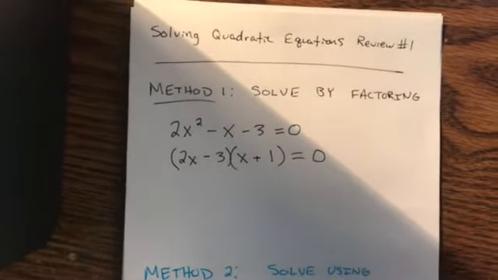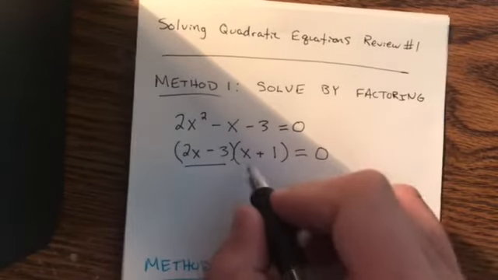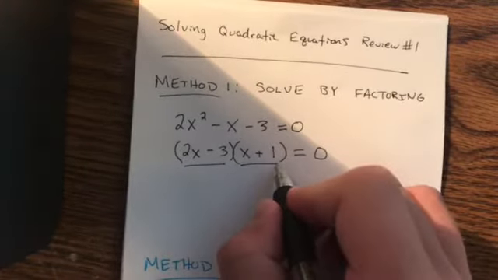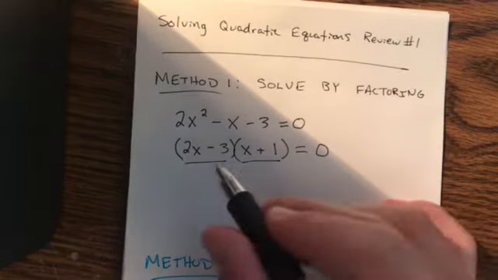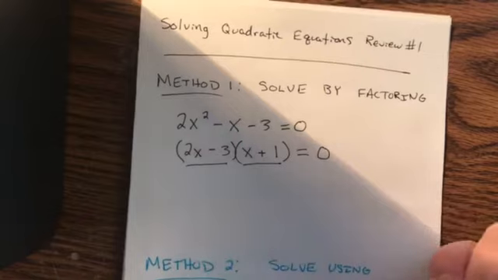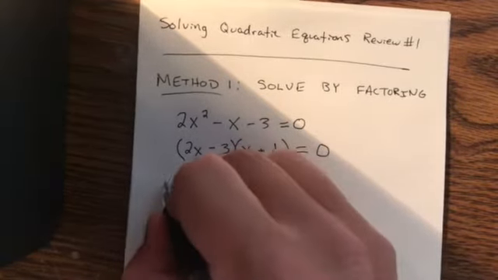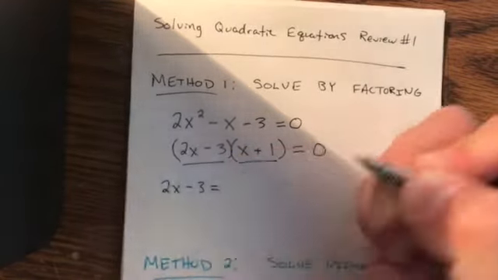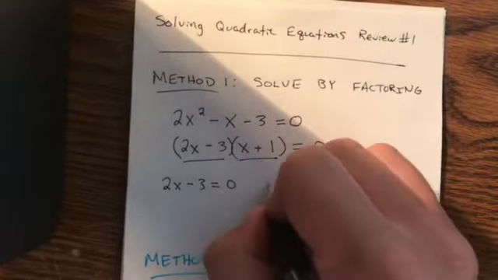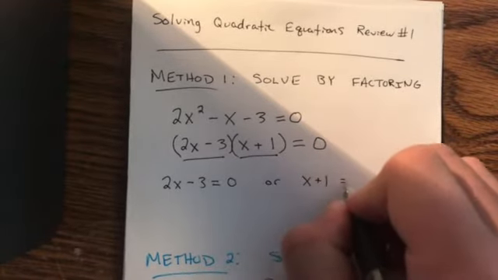Now that we've factored it, we have one factor multiplied by a second factor to get a result of 0. Therefore, the only way to multiply two factors together to get an answer of 0 is if one of them is 0. So we set each factor equal to 0. Either 2x minus 3 could be equal to 0, or x plus 1 could be equal to 0.